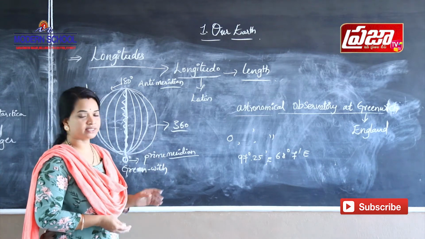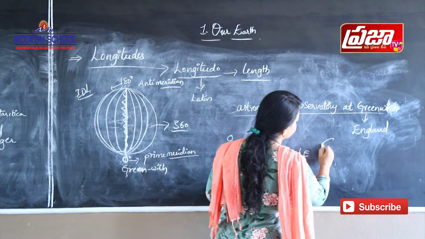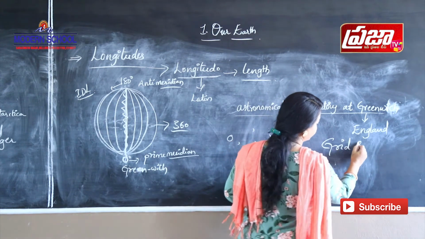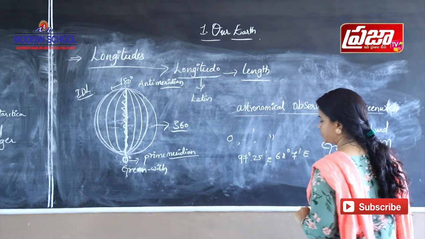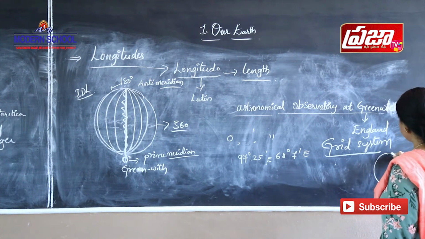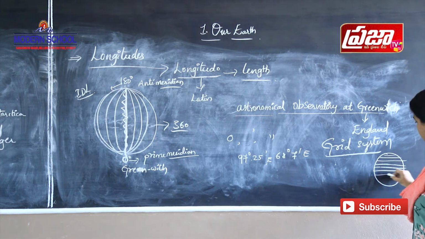So, we will go for the next topic, grid system. What is the grid system? If you observe the globe, there we can see the latitudes and the longitudes.